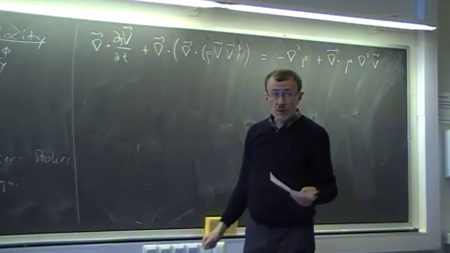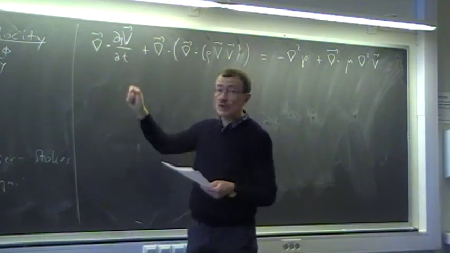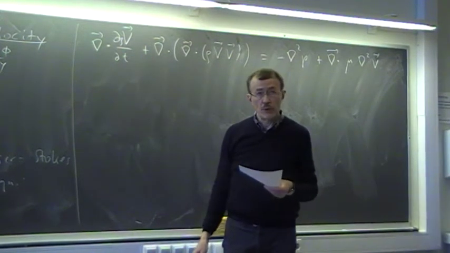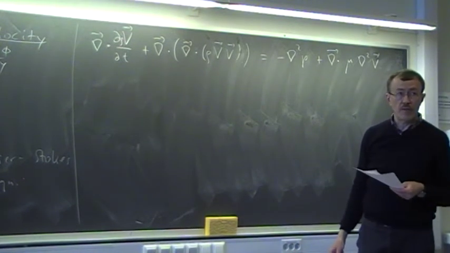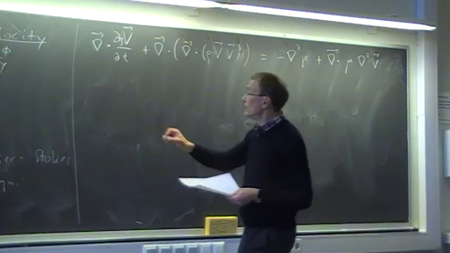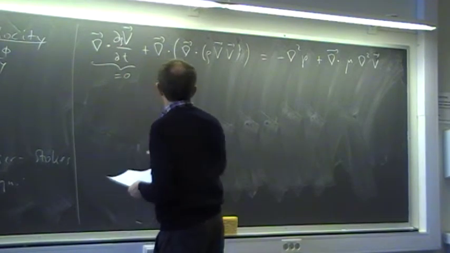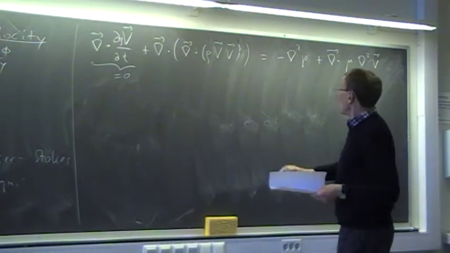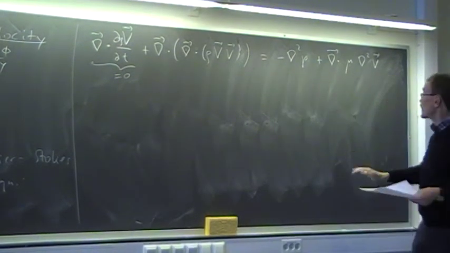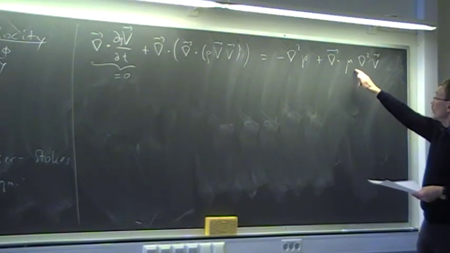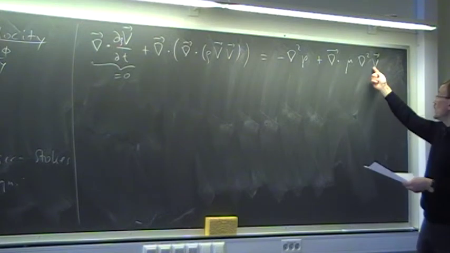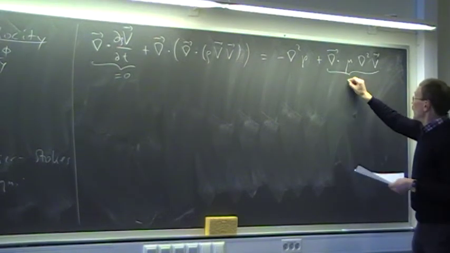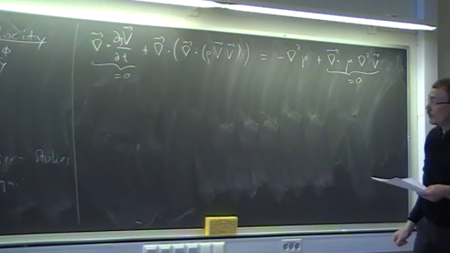But the rho is constant, and then we can interchange time derivative and divergence, and then we get the divergence of v, the time derivative of that. So that will be 0. This will not be 0, we get something. But here we have the same argument. We can interchange and get the divergence inside here, and then we can get that to 0.